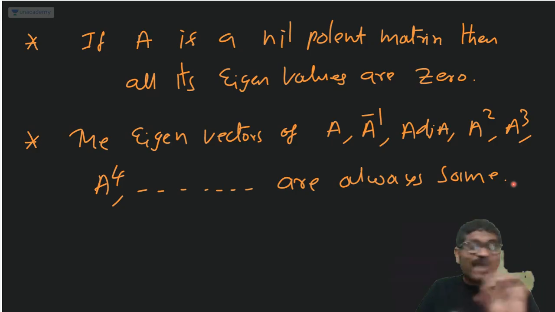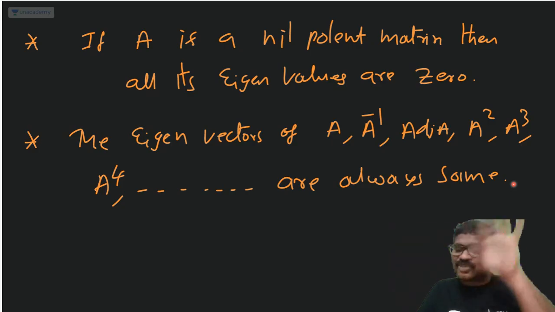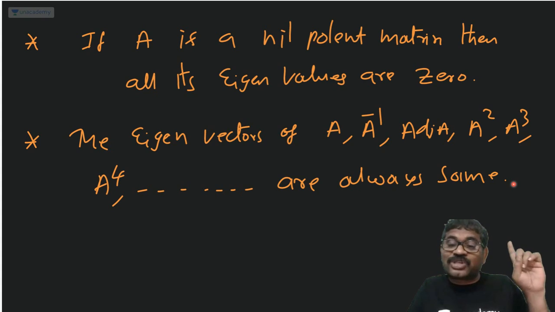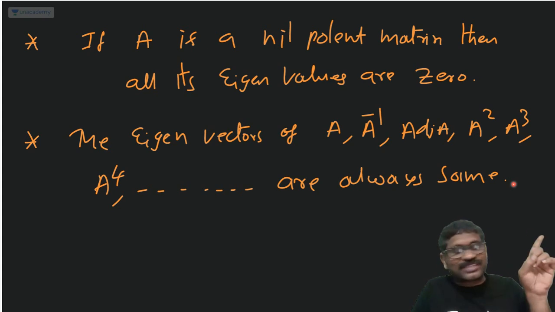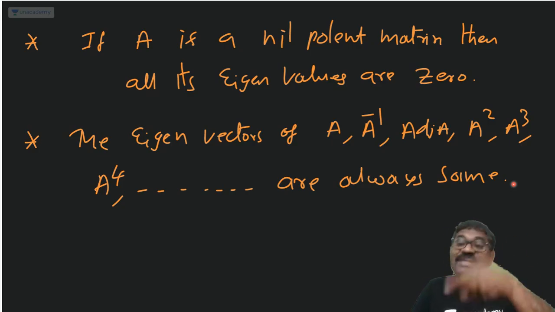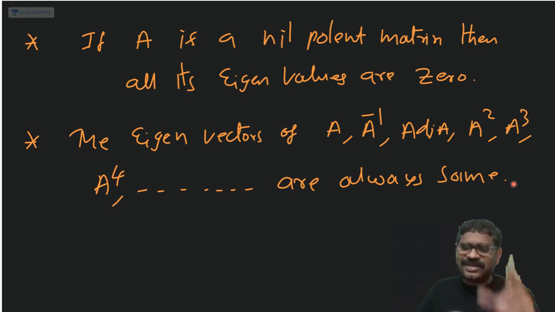Eigenvectors are the same, values are not the same. What about A and A transpose? Eigenvalues are the same, but in the case of A and A transpose, vectors are not the same. Here, vectors are the same, values are not the same. Remember like that.